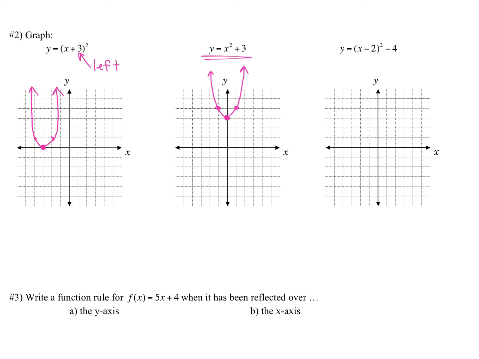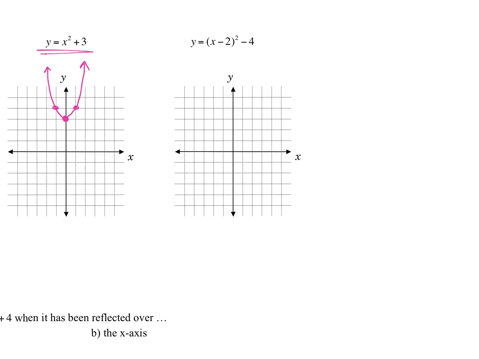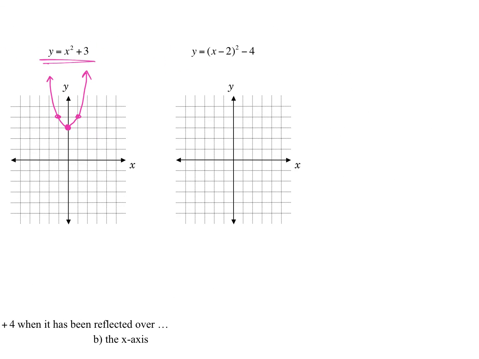Okay, so how about that third one? Now we're doing a couple of things. Where is this going to move us? x minus 2. To the right. Okay, and then minus 4. Where does that go? That goes down.